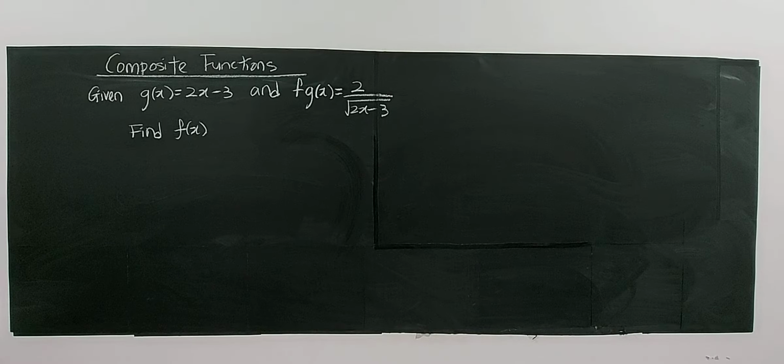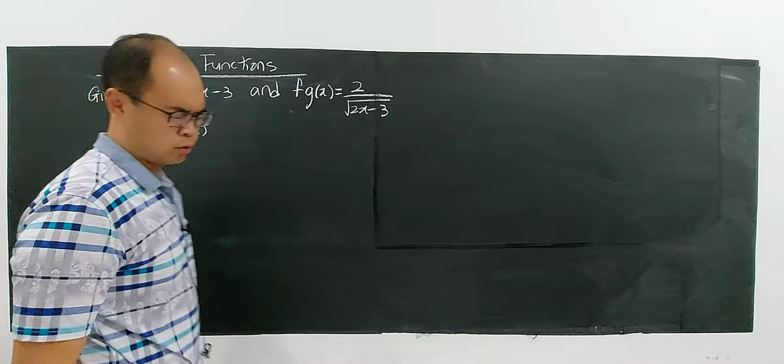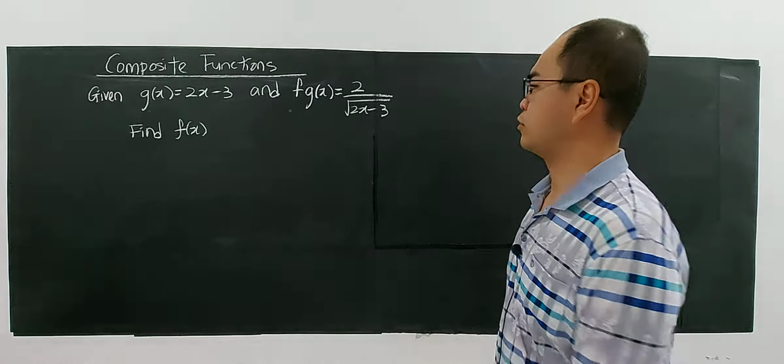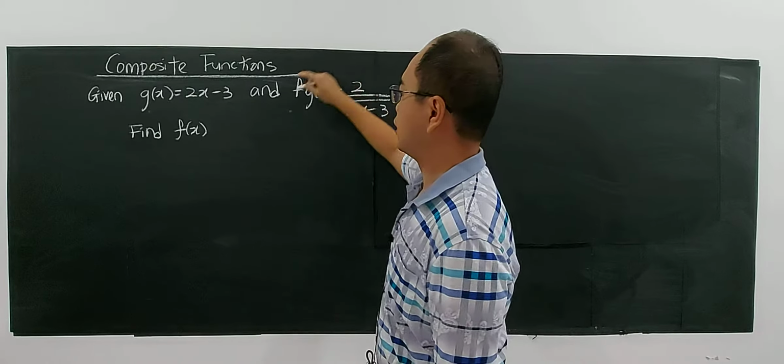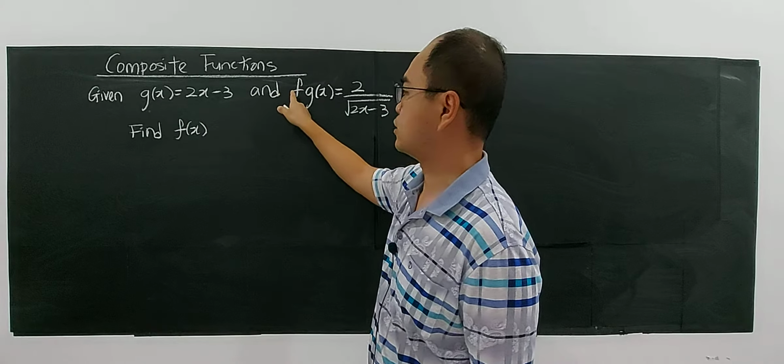Alright, this will be another example where they give you a composite function and another function, and you have to find another function. So we have to see what function is given. It's given g, the first function, but the second function is not given.